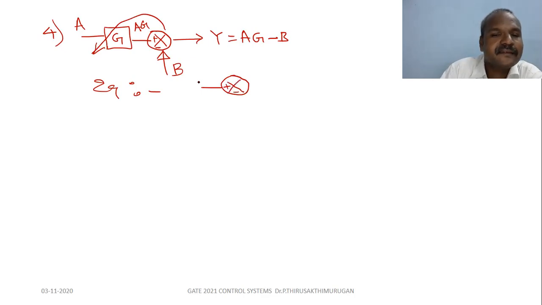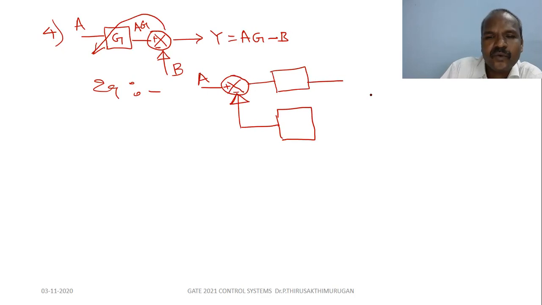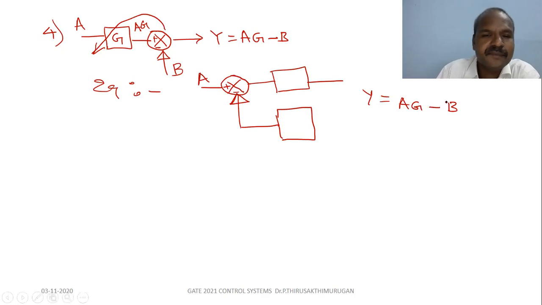Plus minus A here. So we are taking a branch. When we shift the summing point from here to here, we should get the final output Y as AG minus B. So here we should enter AG.